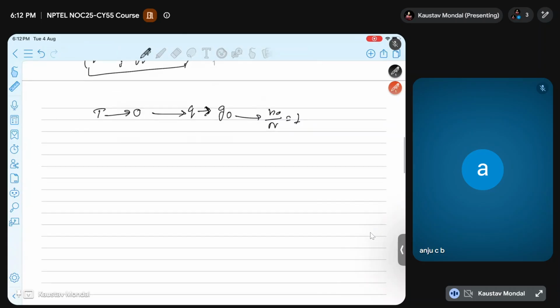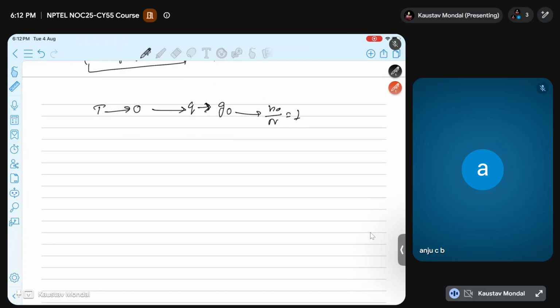This happens at zero temperature. At T tending to infinity, Q will be the summation g0 plus g1 plus g2 and so on, the addition of the degeneracy associated with each energy level. In that case we saw that n1 by n will be equal to n2 by n equal to n3 by n.